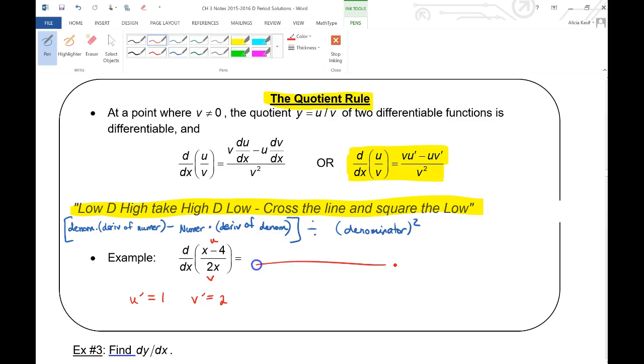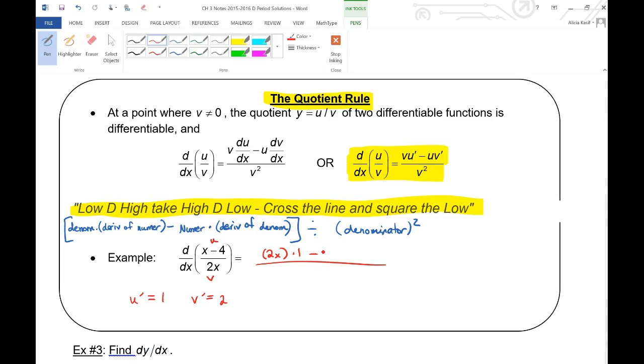Low d high, take high d low, cross the line and square the low. So low is 2x. D high, the derivative of the top part, times 1. Take high, so that's x minus 4.